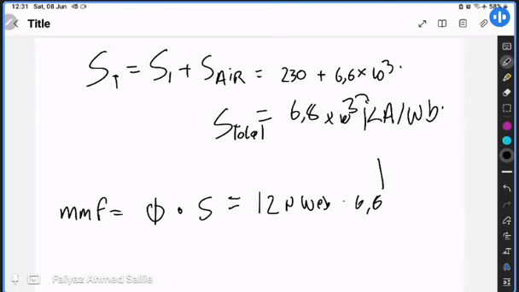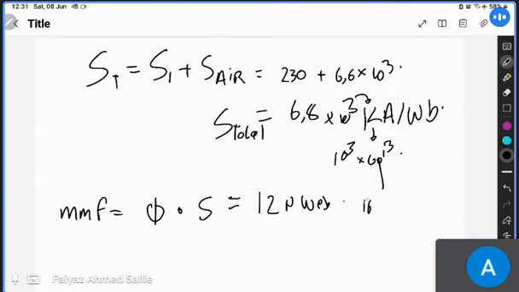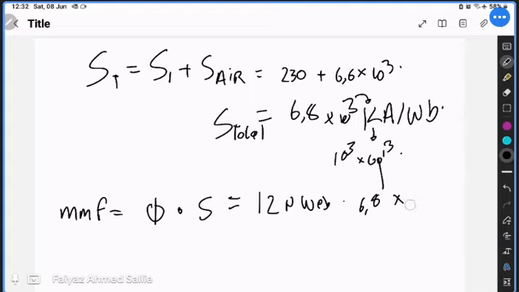So kilo is times 10 to the 3 also, we have 6.8 times 10 to the, no, mega amps per Weber. So micro is 10 to the negative 6, and then mega is 10 to the 6.